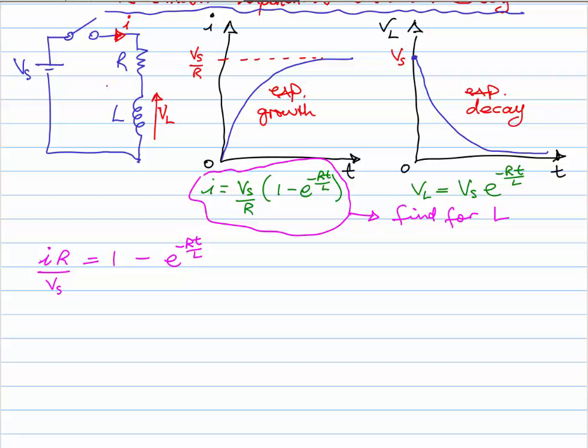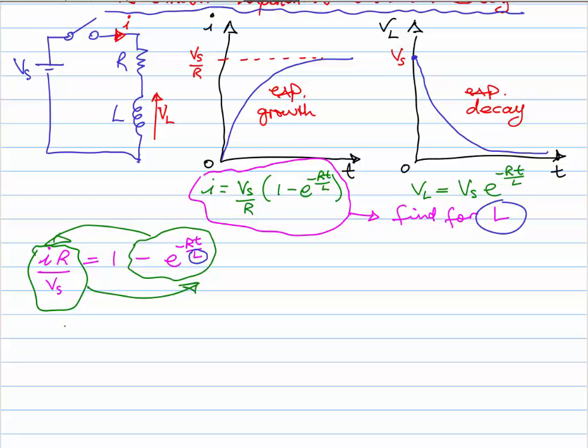Remember what the target is. Of course, the target is this L here. I'm trying to solve for L. So we'll wrap a cloud around this term here, and move that over to the left, and do the same with this one, moving that over to the right.